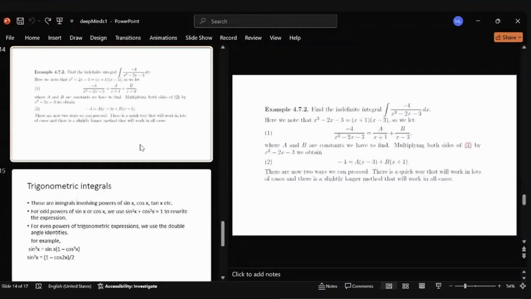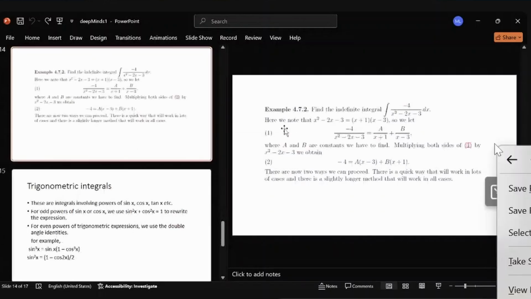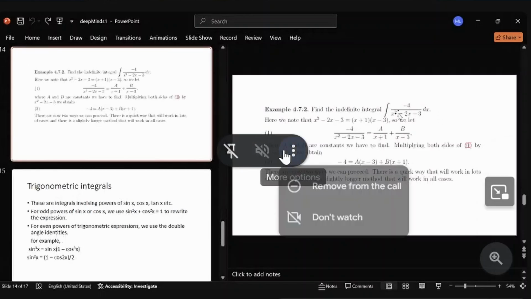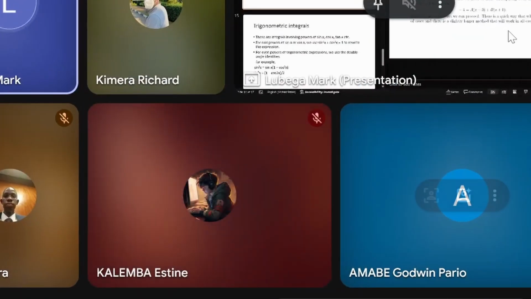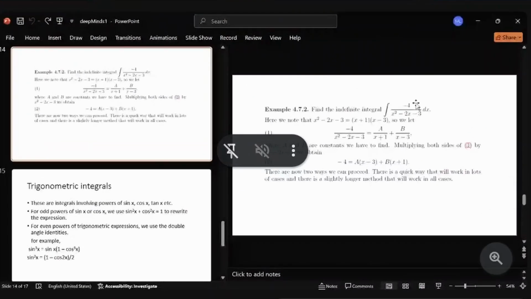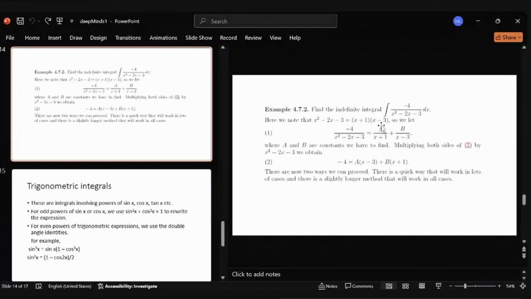Yeah, this is another example. We see that the greatest degree of x here is 2, and above it's 0, because any number to the power 0 is 1, so the x term there is degree 0. So what we do is divide the fraction.